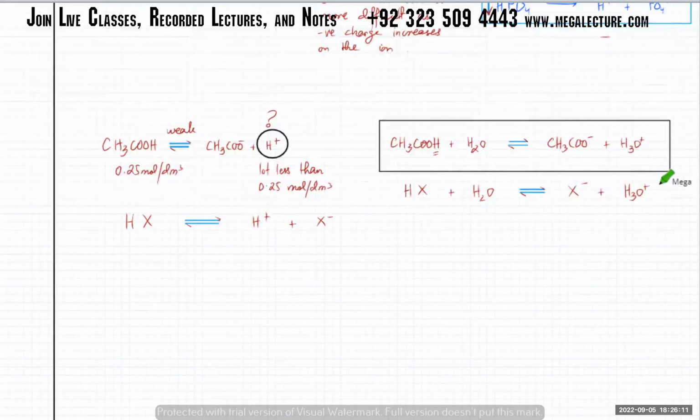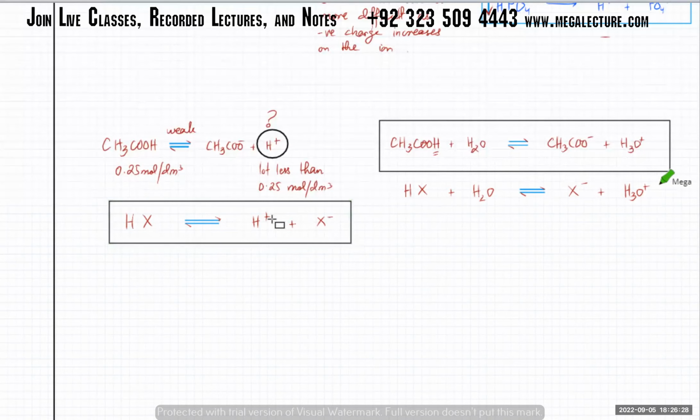So all weak acids will be treated in the same way. In my general equation, there's one H. I'm assuming the weak acid is always going to release one H+1 ion, whether it's this equation or that one, it's the same equation.